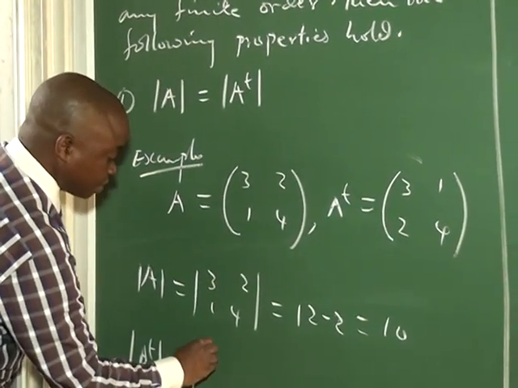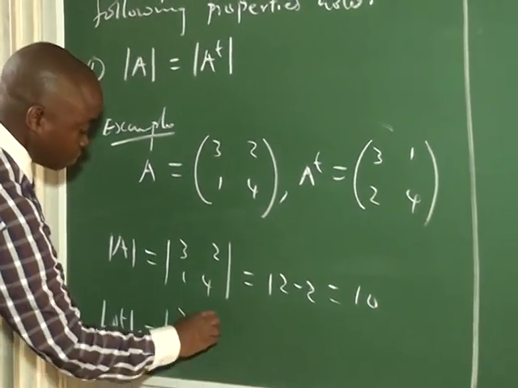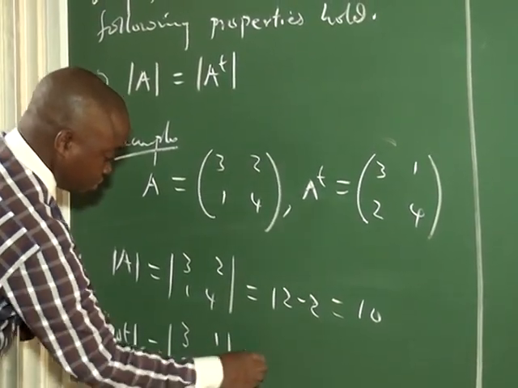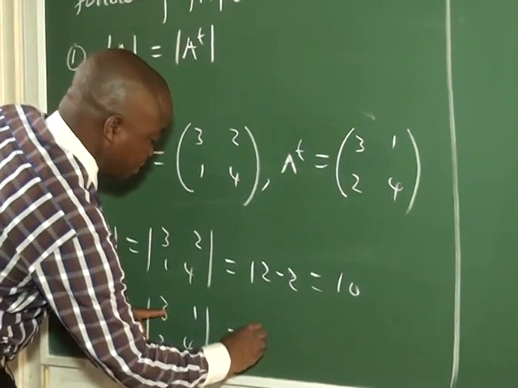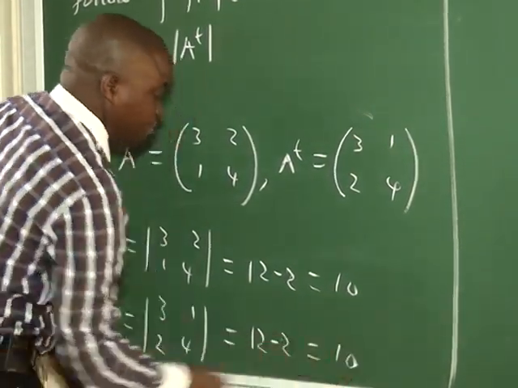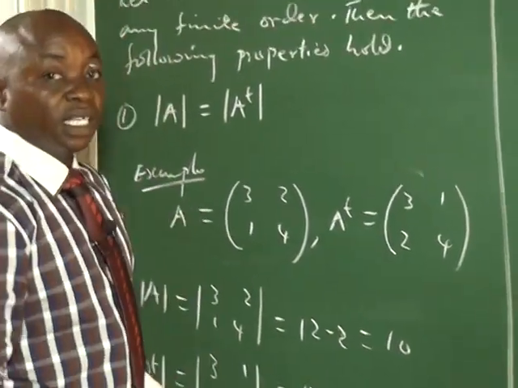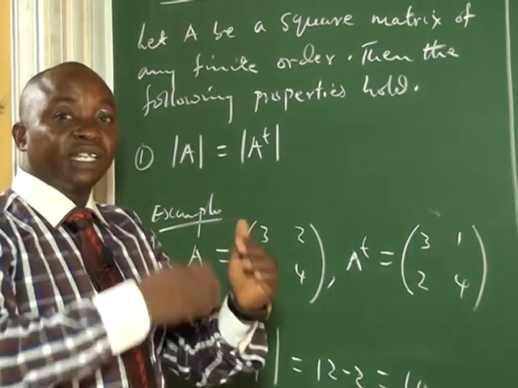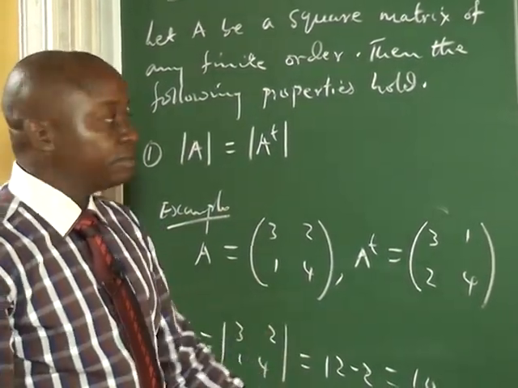That will give me 3, 1, 2, and 4. Now this time this will give me 12 minus 2, and it also gives me 10. So that is what we are saying. For any square matrix, if you take the determinant of the matrix and you take the determinant of the transpose, it will give you the same.